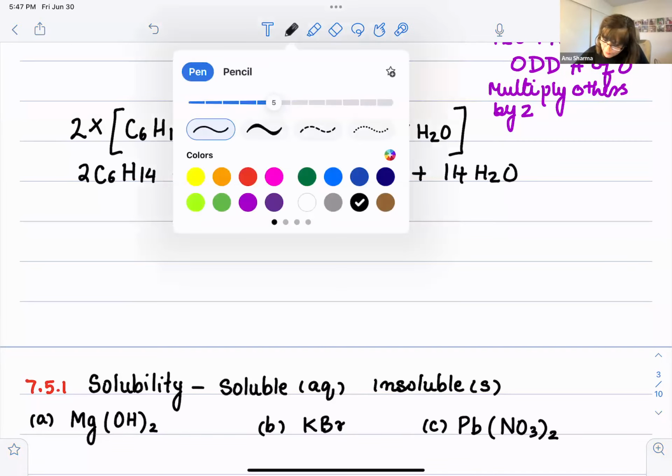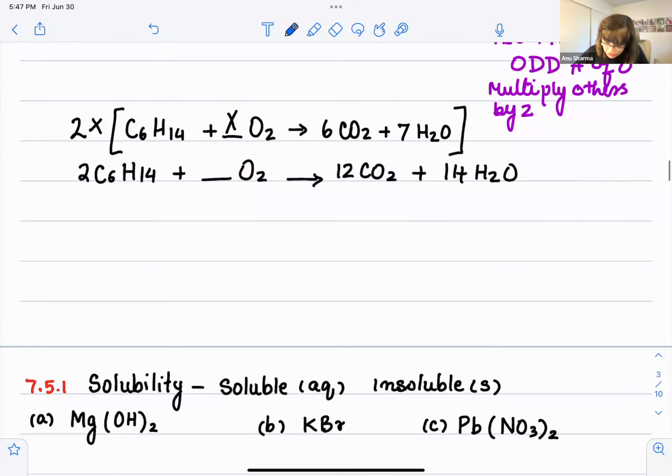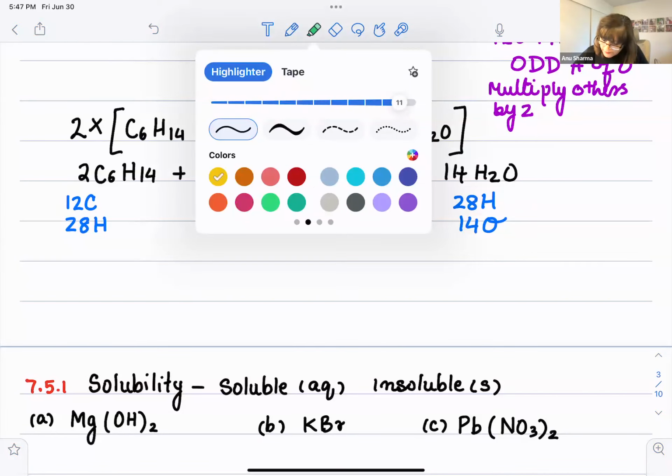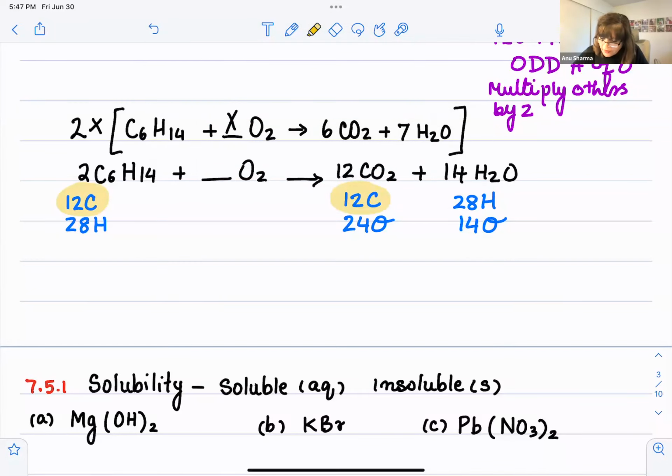So now let's look at what we have. We have 6 2s are 12 carbons. We have 2 times 14, 28 hydrogens. We have 12 carbons, 12 times 2, 24 oxygens, right? And then we have 14 2s are 28 hydrogens, and we have 14 oxygens. Okay, so check. Carbons are 12 on both the sides, and hydrogens 28 and 28, same on both the sides.